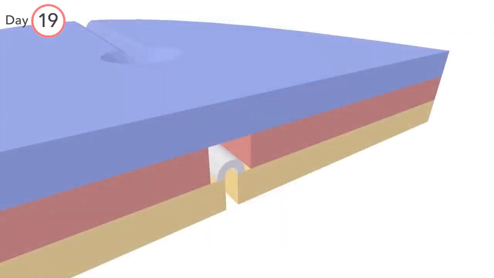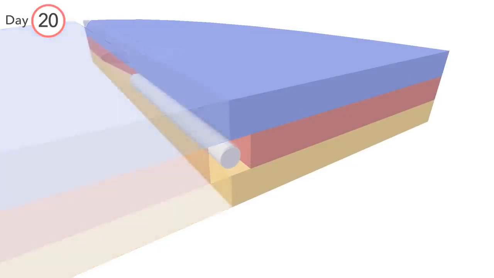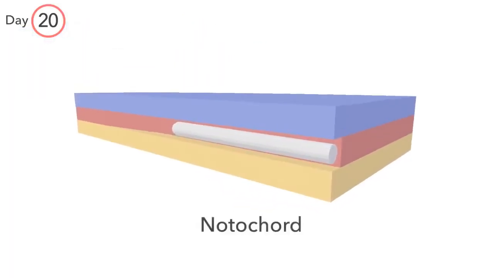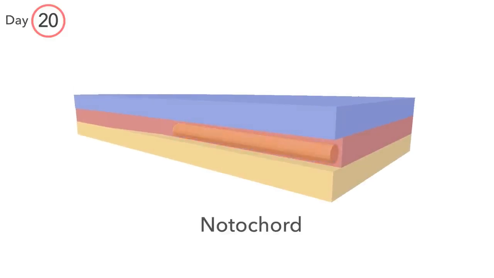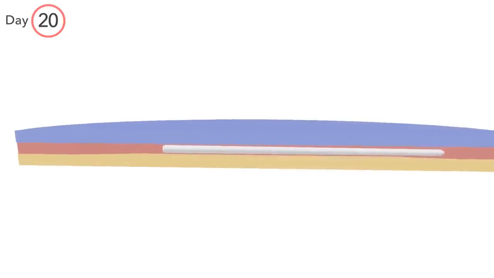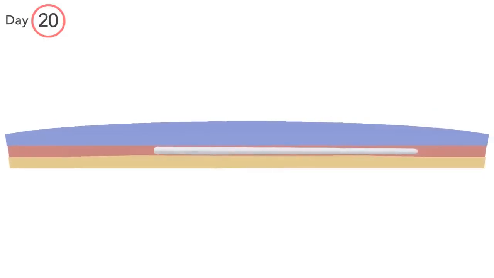Once that has been achieved, the two edges of the notochordal plate come toward each other and eventually fuse. They become a solid rod, the notochord. Noto is Greek for back, and the notochord acts as the structural backbone of the developing embryo.